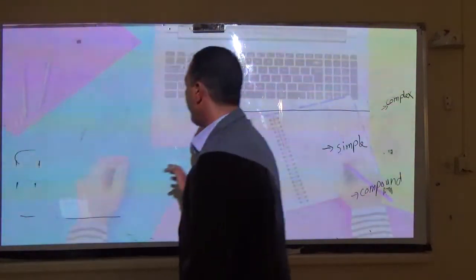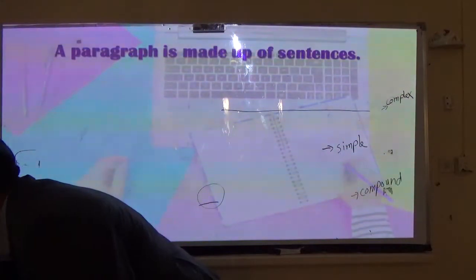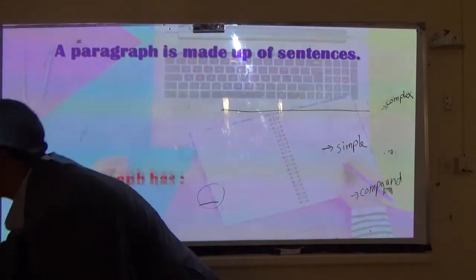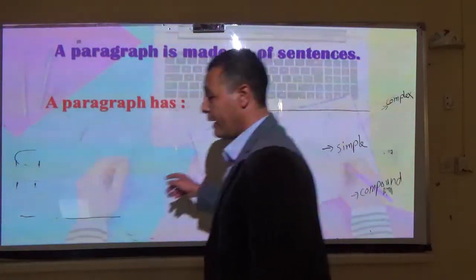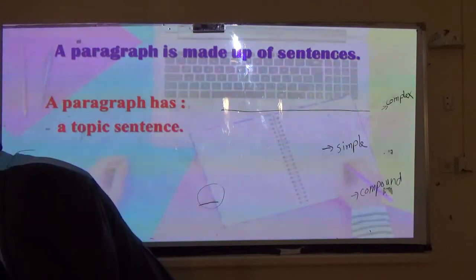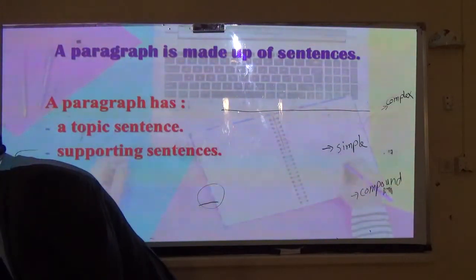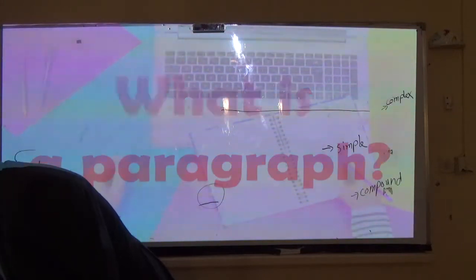A paragraph is made up of sentences. A paragraph has, as I told you, a topic sentence, and supporting sentences. The third one is a concluding sentence.